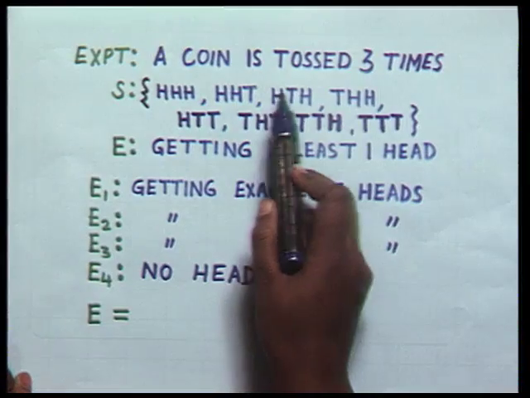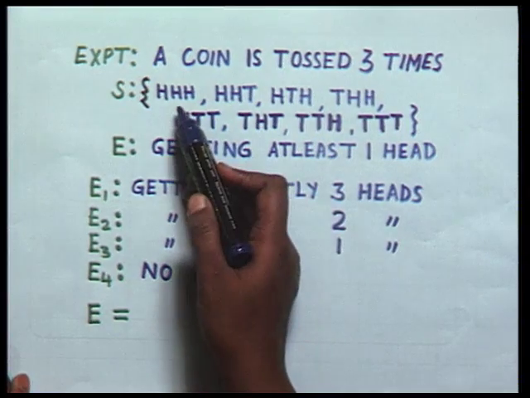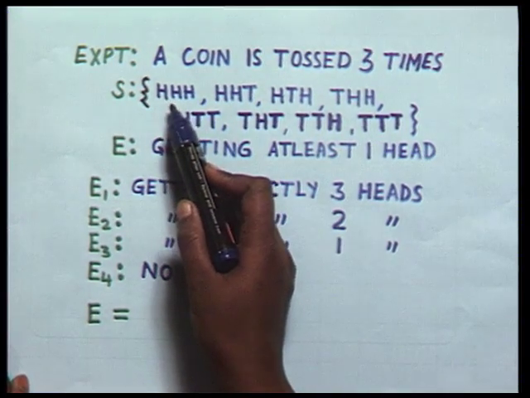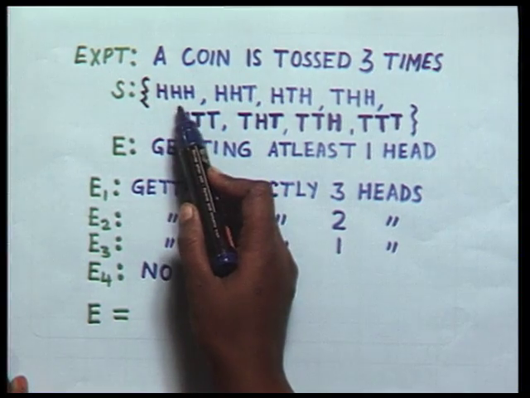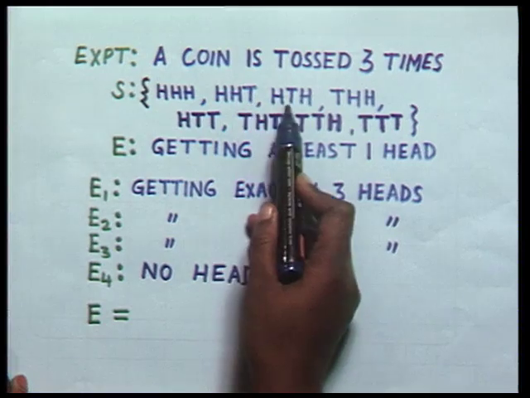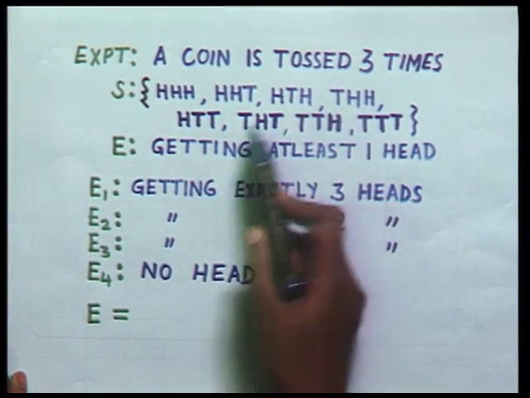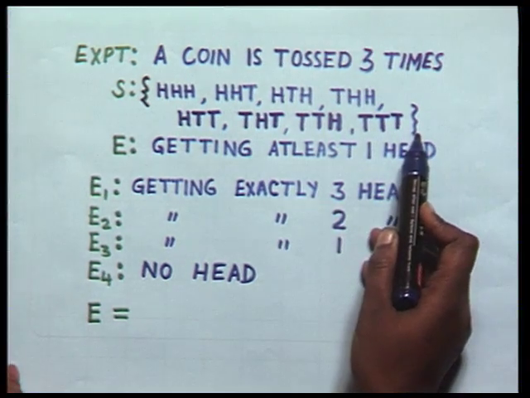When a coin is tossed 3 times, then we may get 3 heads, 2 heads, 1 head or no head, that is all tails. So, the sample space will have 8 elements HHH, HHT, HTH, THH, HTT, THT, TTH and TTT.